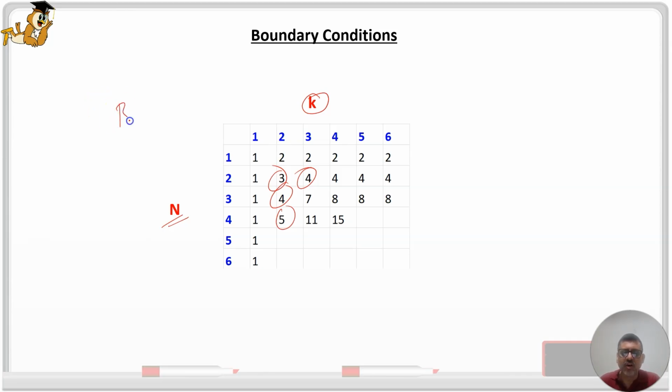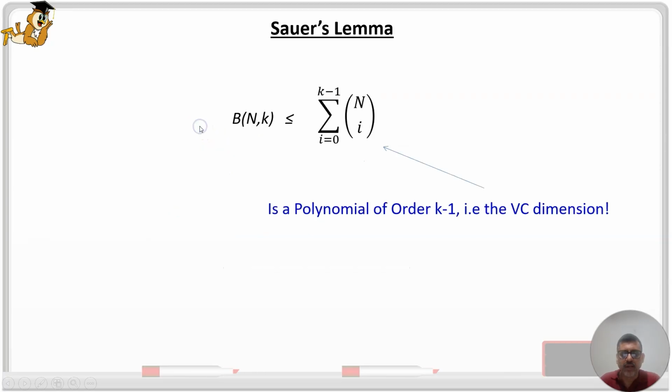The result on B(n, k) being less than this summation of (n choose i) holds for these small values and therefore the induction is proved. Great. So we have therefore proved Sauer's lemma. We have shown that B(n, k) is less than the summation over i from 0 to k−1 of (n choose i). We showed this by induction.